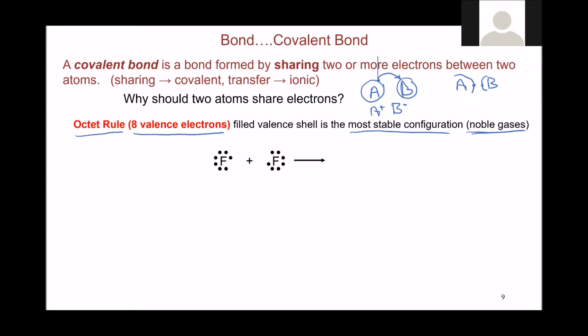Actually, what determines if an electron transfer will take place or not is electronegativity.